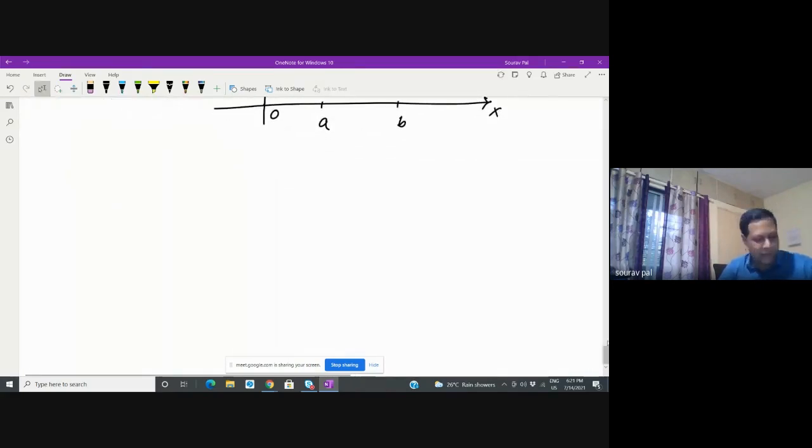Now I'm going to define what is meant by a continuous map. Now we have enough machinery in our hands to define continuity.